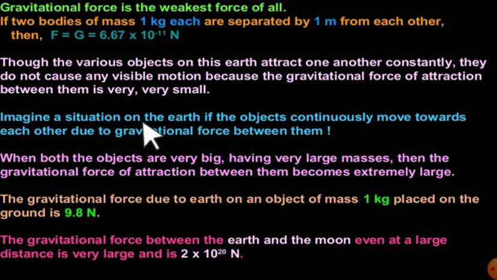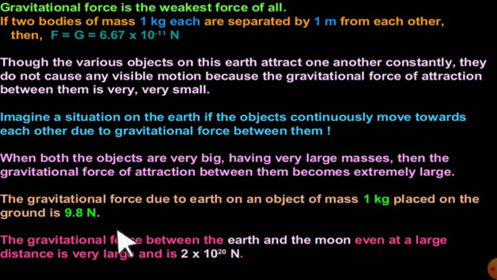Imagine a situation on the earth if objects continuously moved toward each other due to the gravitational force between them. Now when the objects are very big, having very large masses, then the gravitational force of attraction between them becomes extremely large. If it is extremely large, then we may realize it.